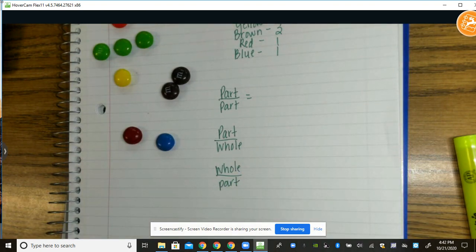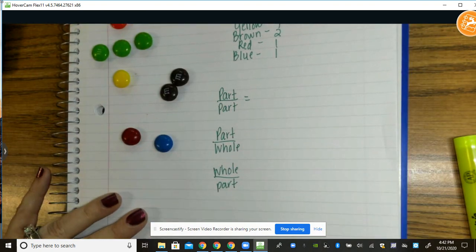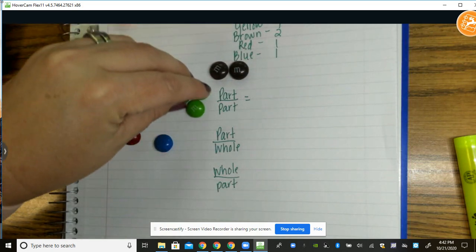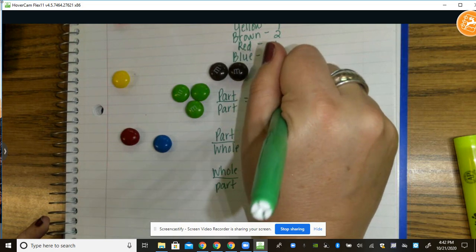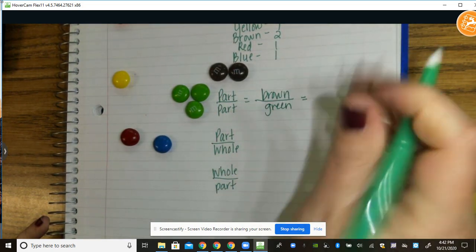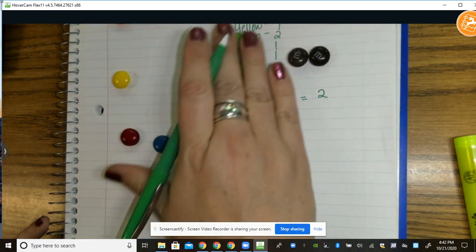So, part over part. So I'm taking part of this and another part. So say I'm going to compare this brown to the green. So I'm going to put brown on top, and then green is going to go underneath. So my ratio is, well, I have 2 browns to 3 greens.